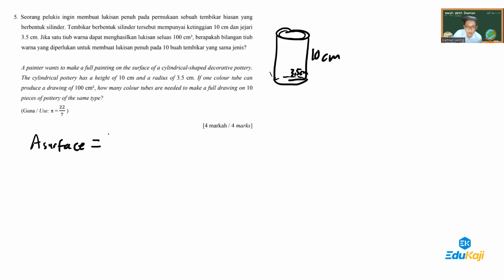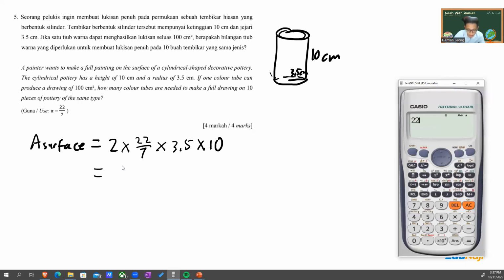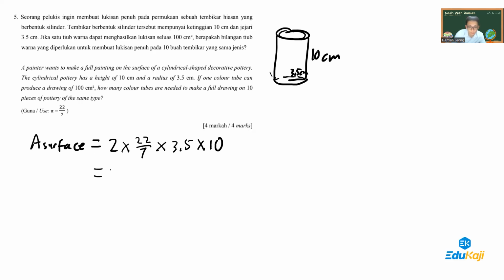So it's 2 pi rh. 2 times pi times radius times height. So 2 times 22 over 7 times 3.5 times 10, 220 cm square. That's for one piece of pottery.